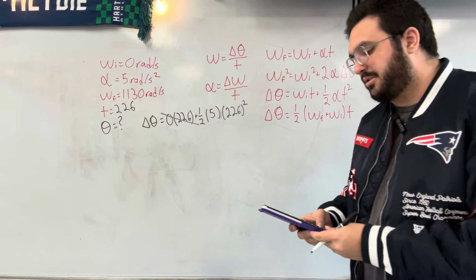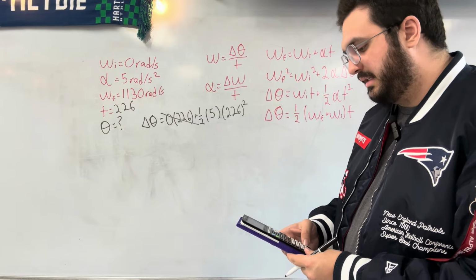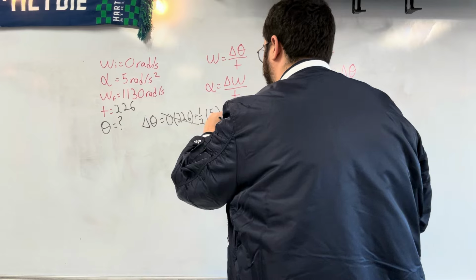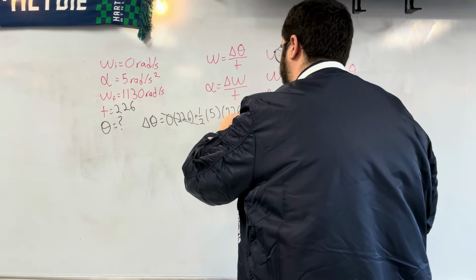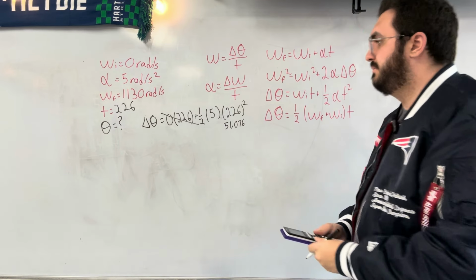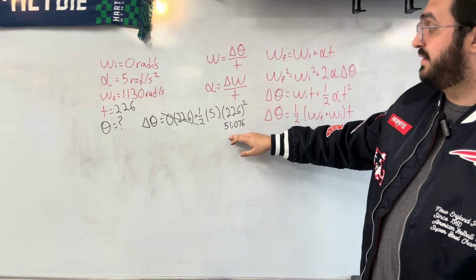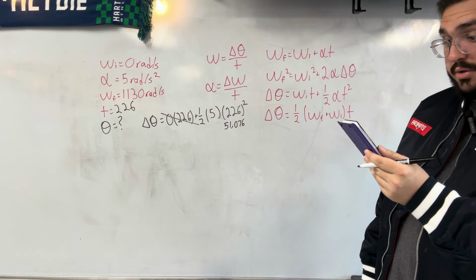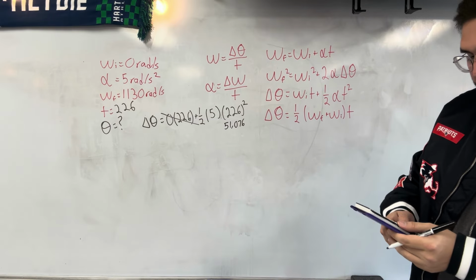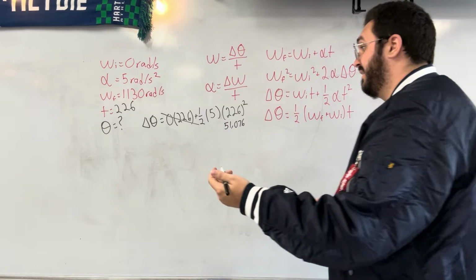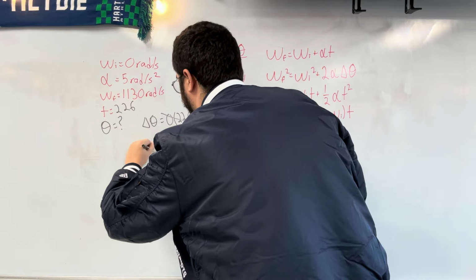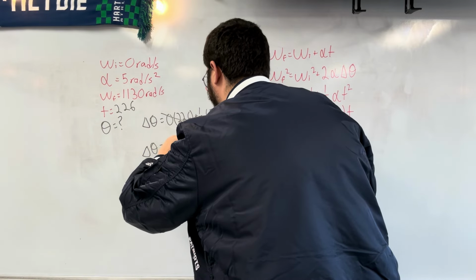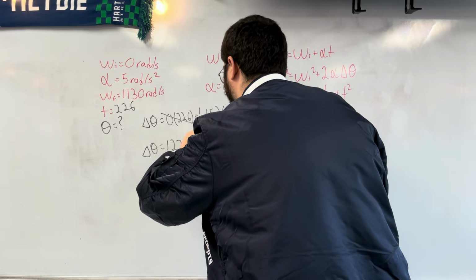Let's do 226 squared first. I do that and I get 51,076. So, 51,076 times 5 comes out to be 255,380, divided by 2 comes out to be a rather large number: delta theta equals 127,690 radians.